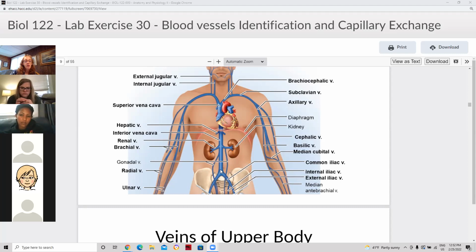The inferior vena cava, just like the abdominal aorta, is splitting or merging from the two common iliac veins, which are formed by the merging of the internal and external iliac veins.